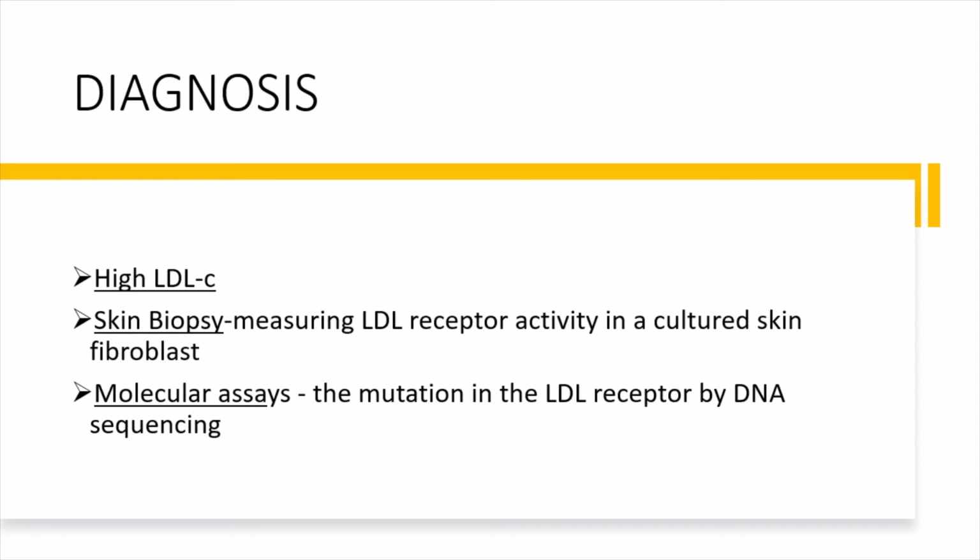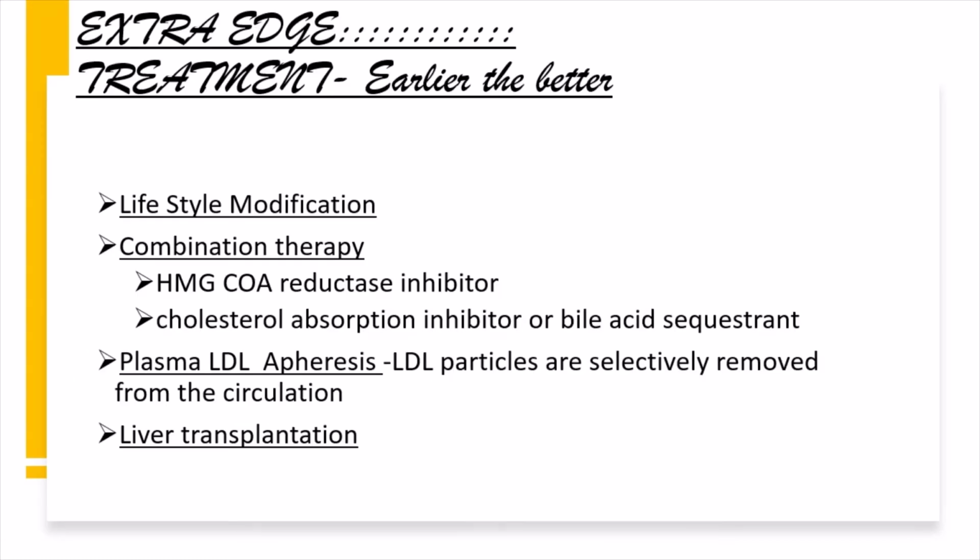Also, molecular assays for the mutation in the LDL receptor by DNA sequencing can be done. Treatment: lifestyle modification, combination therapy like HMG-CoA reductase inhibitor and cholesterol absorption inhibitor or bile acid sequestrant can be given. In some cases, plasma LDL apheresis is required. In homozygotes, liver transplantation can also be done.